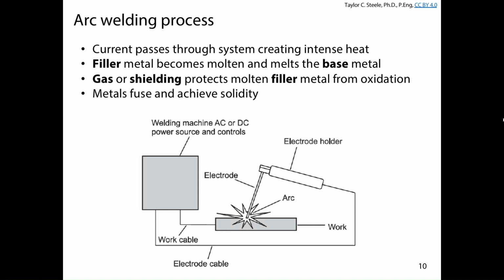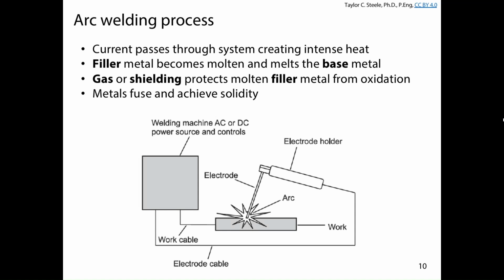So we're going to talk about the arc welding process. There are lots of ways to weld things, but generally speaking, structural welds are done by arc welding. What arc welding is, you basically run a voltage with a certain level of amperage from a power source, so you plug into the wall.